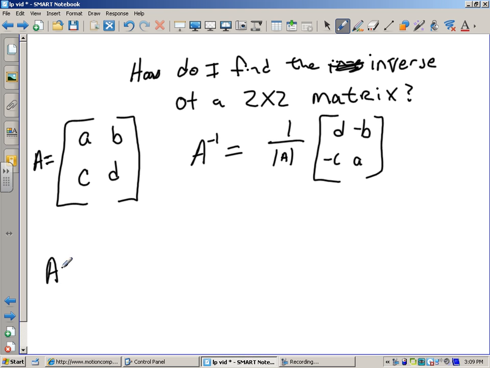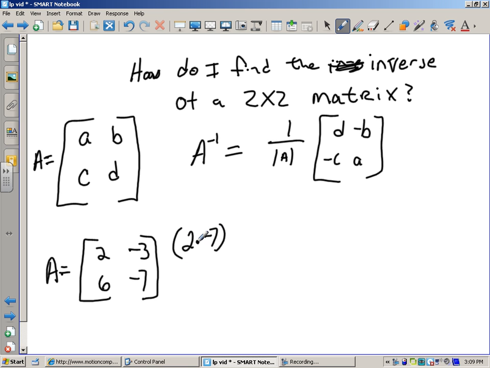Let's let A equal, say, 2, -3, 6, and -7. Alright, so what we want to do first is find the determinant of A. And remember what we do is we say 2 times -7, minus 6 times -3.